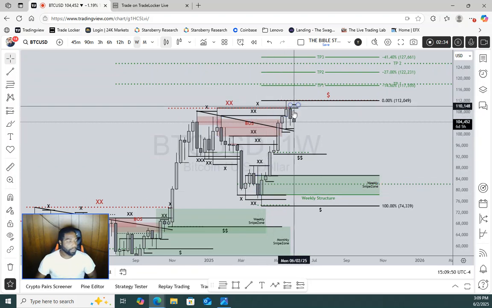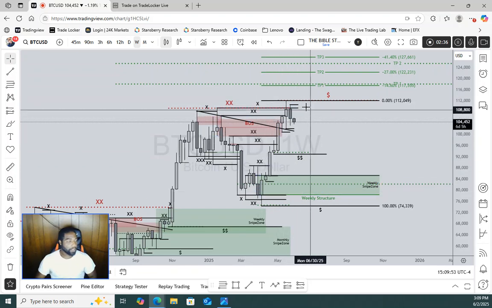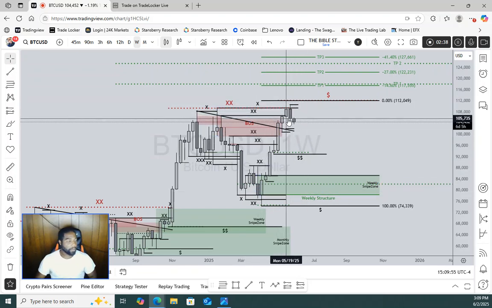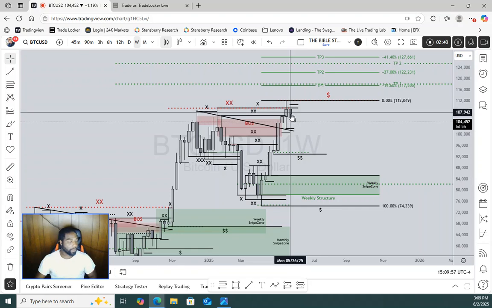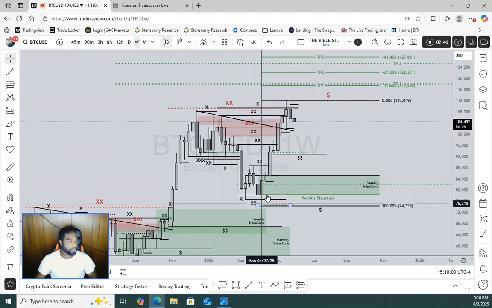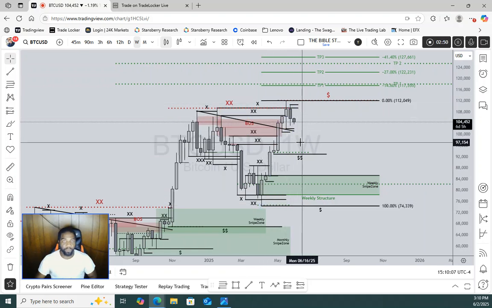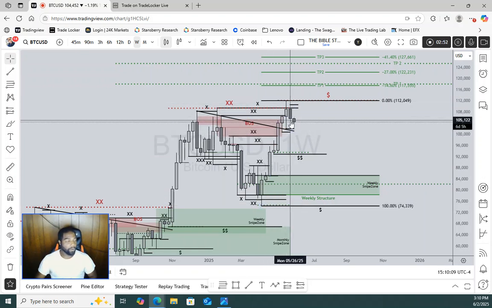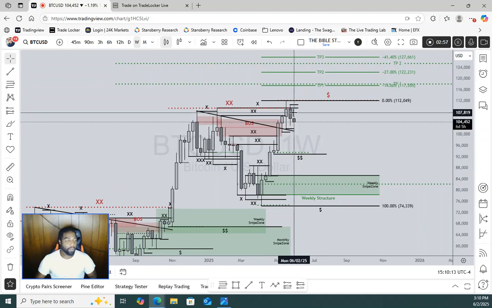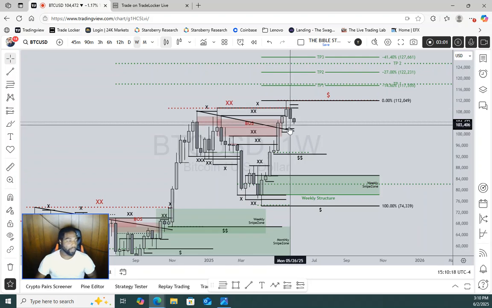So now, price has just given us a sell here on the weekly with this bearish engulfing, which solidified another swing point. So now we got swing to swing. Now price is in the retracement phase. So now you should be looking for bearish price action due to what the market just encountered on the weekly time frame.